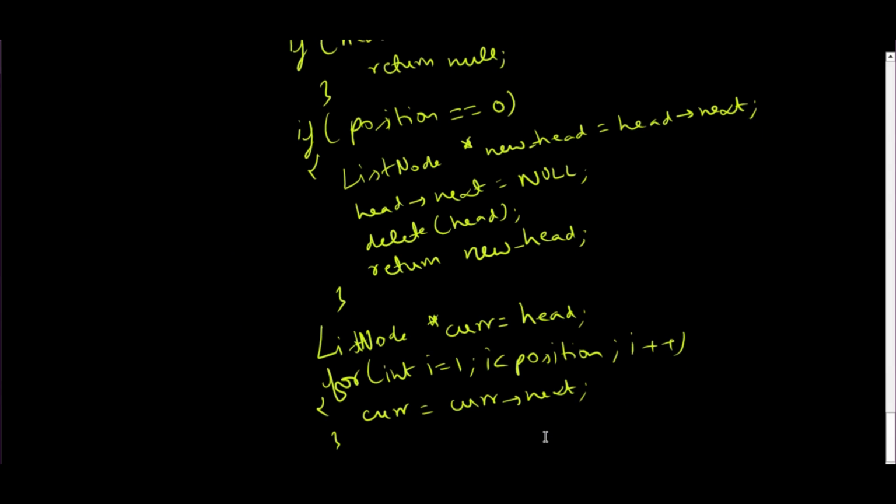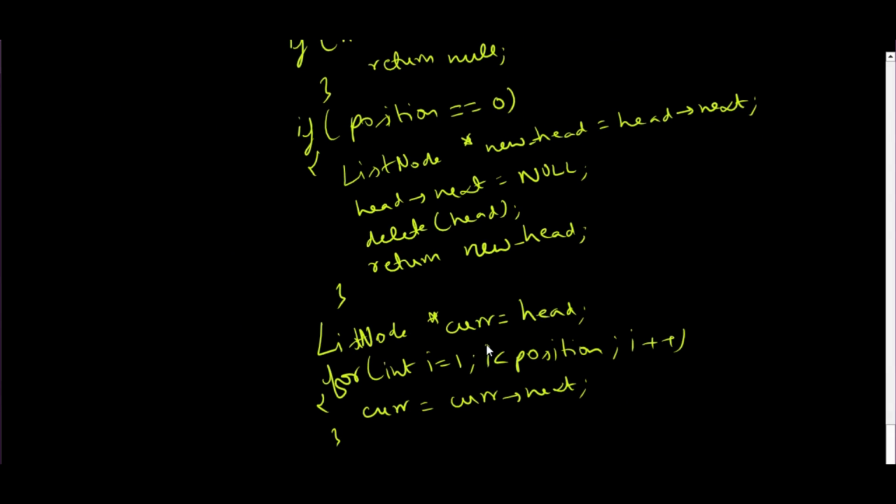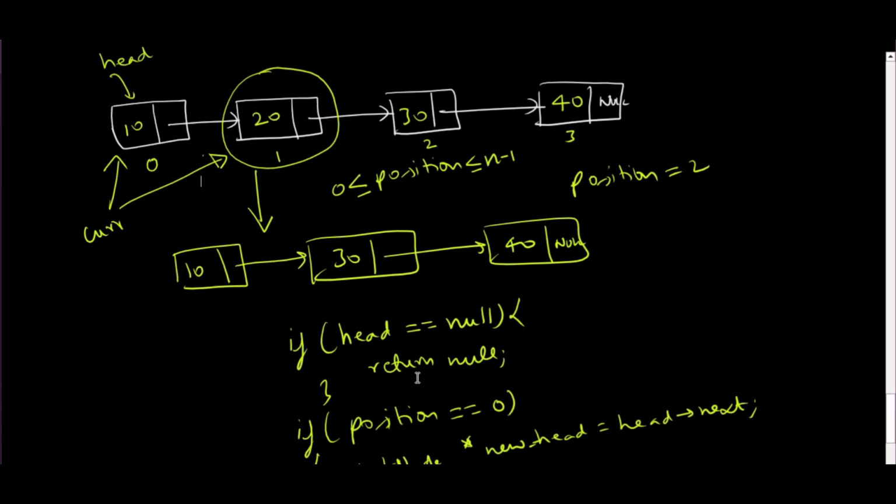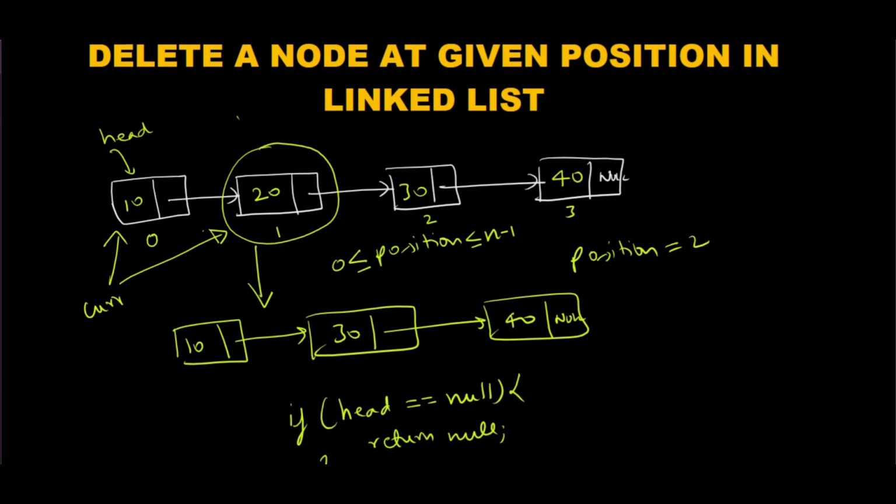Next i will become 2, and 2 is less than 2 is false, so we'll come out of this loop. Okay, now once our current reaches here, we need to change this link. Okay, so first we will store the next element of current.